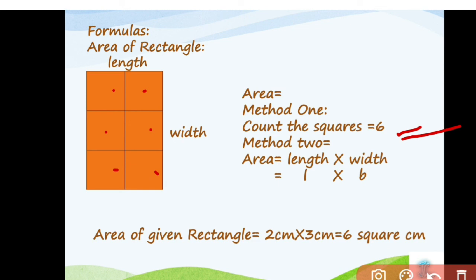And the formula is area is equal to length into breadth, or width. What is the length of this? It is 2 centimeters. And what is the width of this? It is 3 centimeters. So totally how much? 2 into 3 is 6 square centimeters.